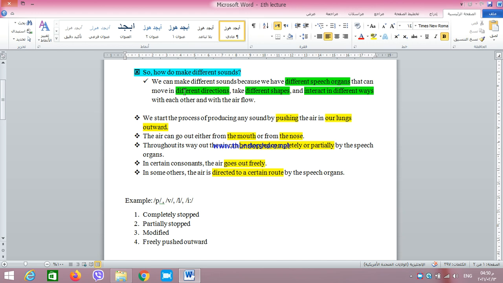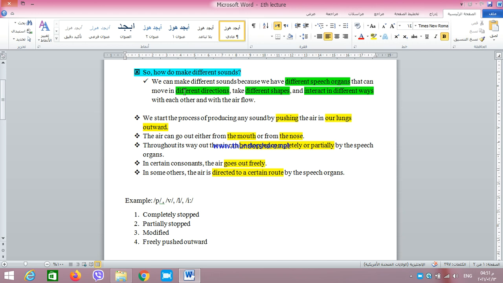Let's take the lips, for example. The lips can move up and down, and this movement is various. And the tongue also. The tongue can be moved upward, downward, leftward, rightward, backward, forward. So again, we have different directions or different movements of the tongue.